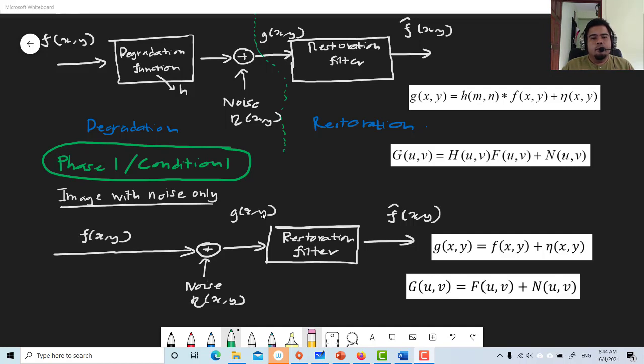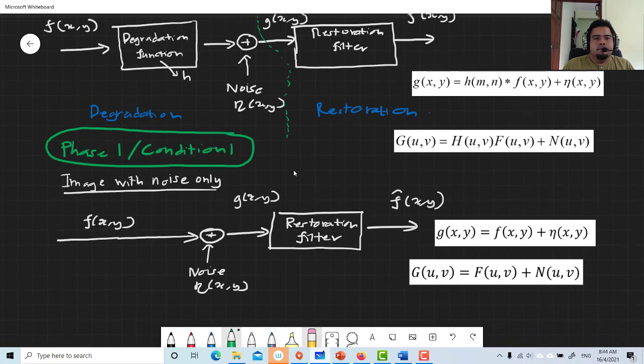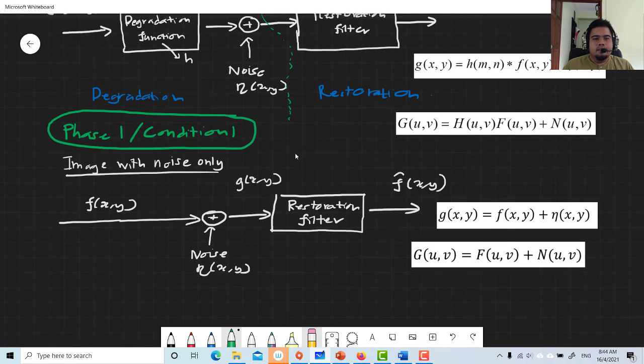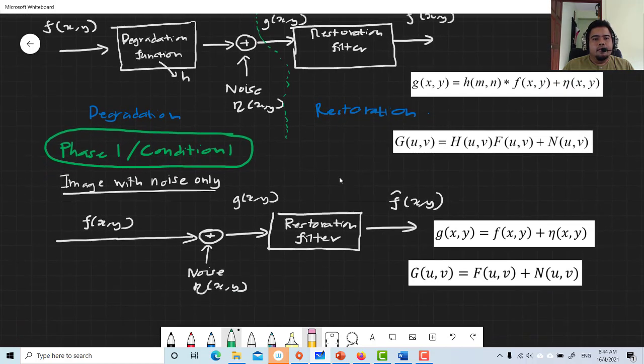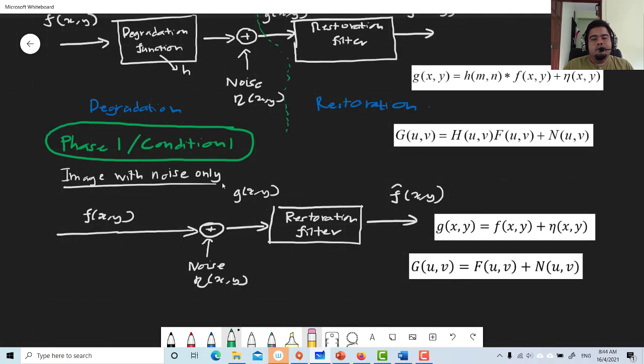We make this assumption just to assume that the hardware is free from blurring function, and the only thing that affects your image G is the noise, this additive noise. So that is what happens in phase 1, or condition 1.